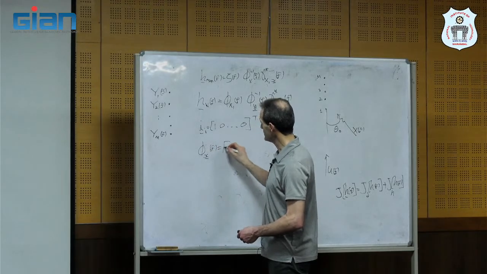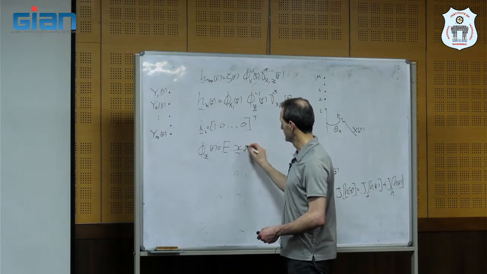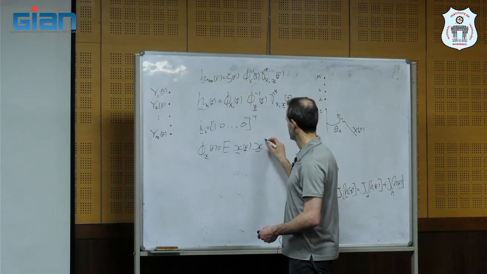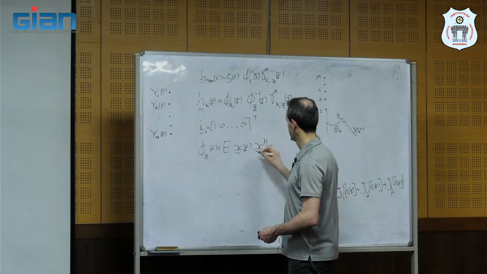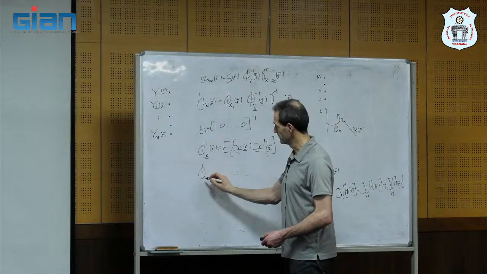Which is very nice, because what is phi x? This correlation matrix, what is it? This equals the expectation of x multiplied with x h.